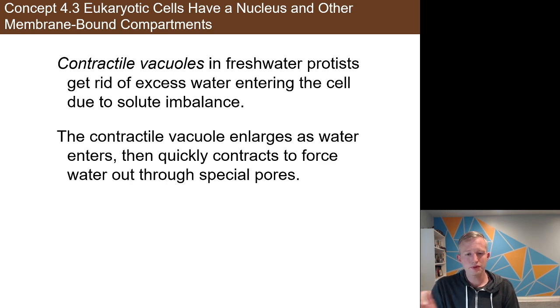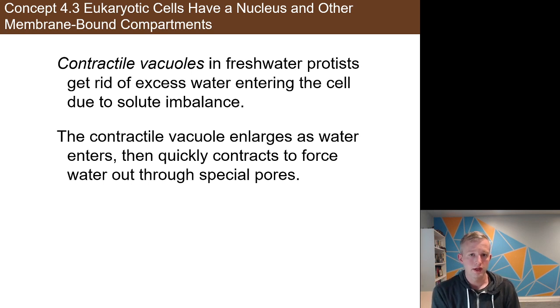Contractile vacuoles, just to bring in the forgotten other eukaryote: protists utilize contractile vacuoles as well. Protists are a separate kingdom of life, right? Tiny little organisms. You find them in pond water and things. They're everywhere, but that's a common place where you could scoop up a droplet of pond water and look at it under a microscope.